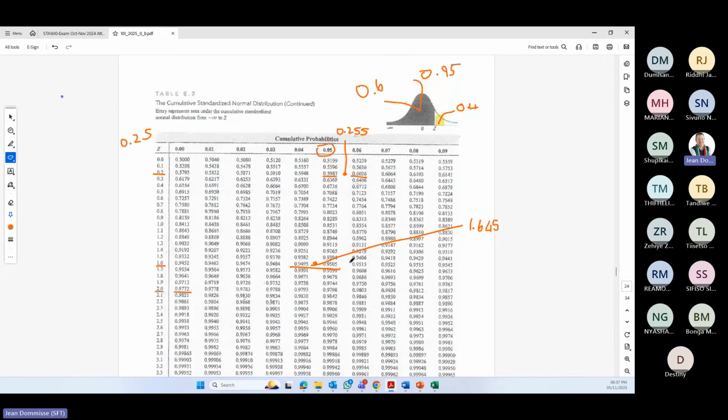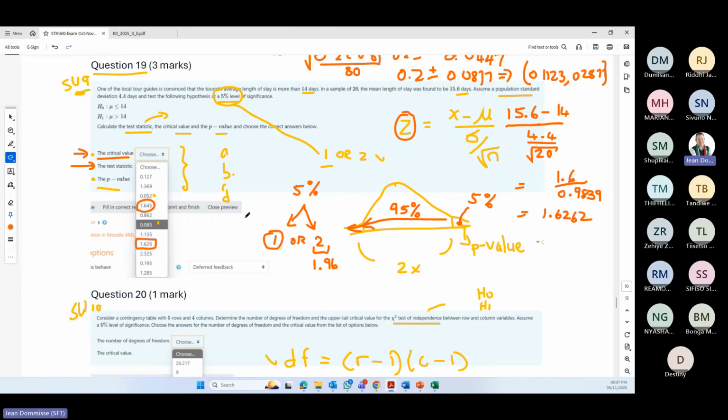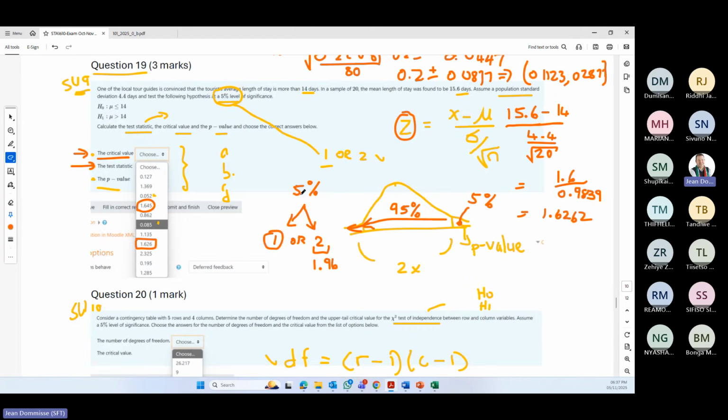If we go to 97.5, you see it's 1.96. Okay, so just the difference between one tail or two tail makes your answer look quite different.